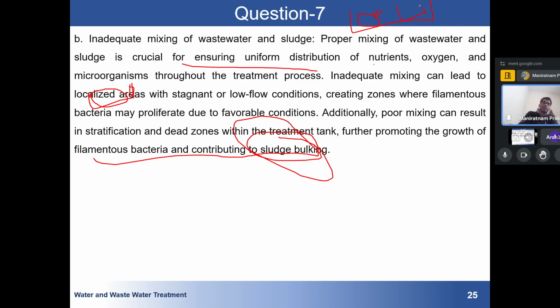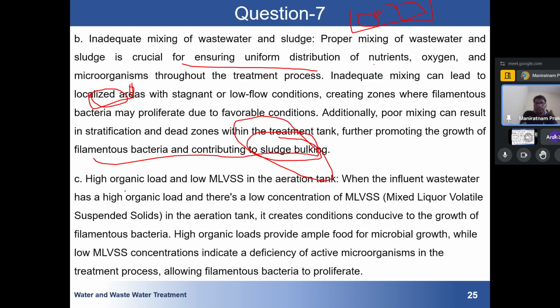It might happen that some organic matter has too many microbes, so this one will be degraded easily, but this one which has fewer microbes will start forming filamentous bacteria, and that will result in sludge bulking.